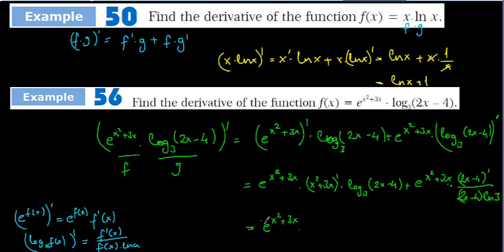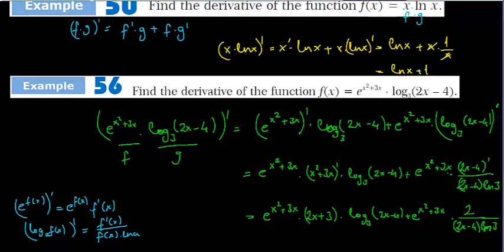Let me get the derivatives first, then I will take the common term out in parentheses. The derivative gives 2x plus 3 times logarithm base 3 of 2x minus 4, plus e to the power of x squared plus 3x times the derivative of 2x, which is 2, and the derivative of minus 4 is 0, so 2 over 2x minus 4 times ln 3.